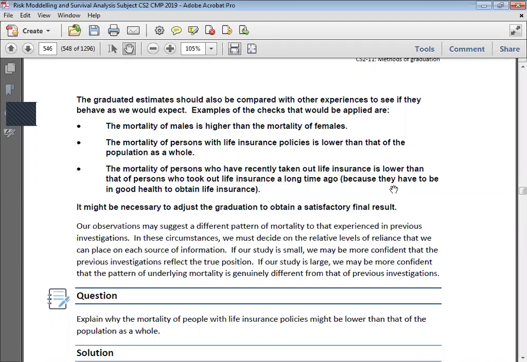Because what's the point? It's just going to end up as a loss for the company. So we expect, on average at least, that the people who have life insurance policies are less likely to die than the whole population, because the whole population consists of people who have insurance and people who do not.